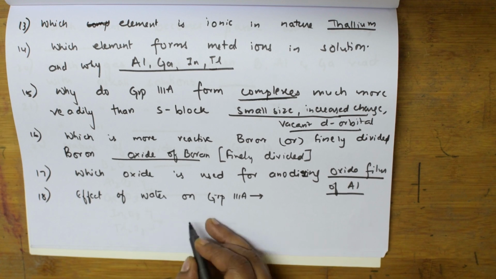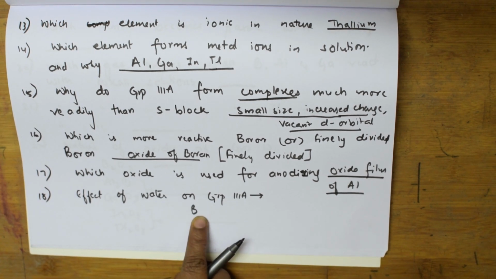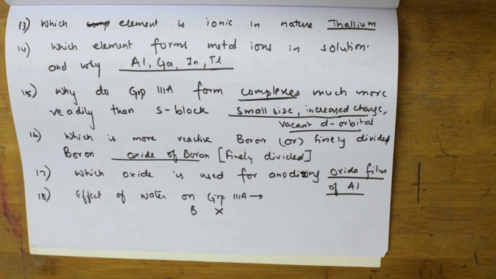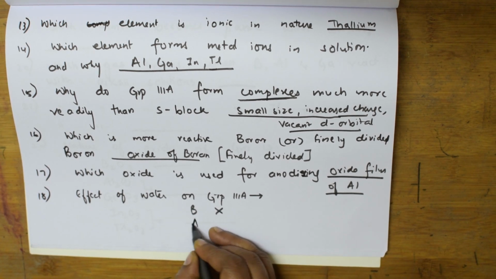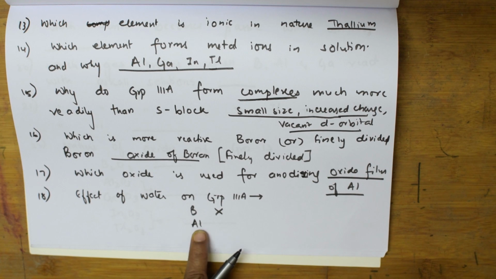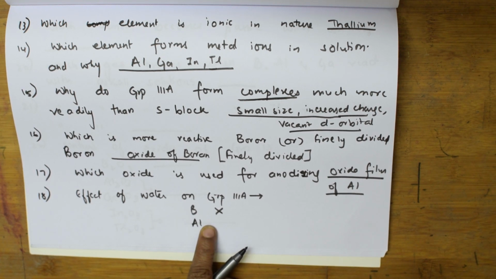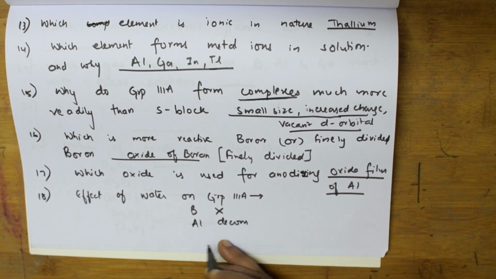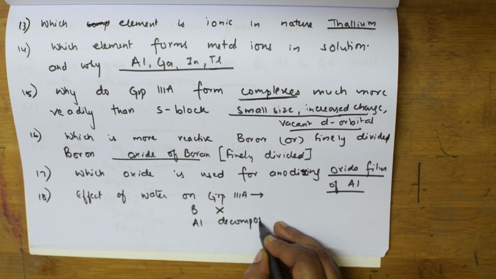Basically when I take boron, first remember boron is not affected by either water or steam. Next, aluminium. What does it do? It decomposes in cold water only if the oxide layer is not present on its surface. So remember, if the oxide layer is not present, it will decompose in cold water.